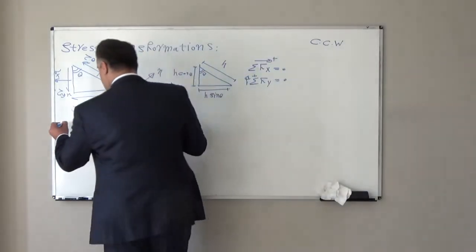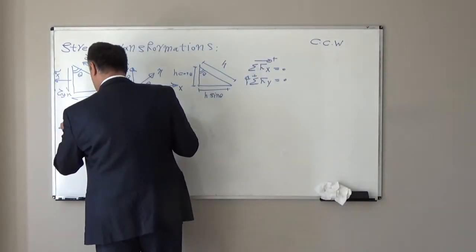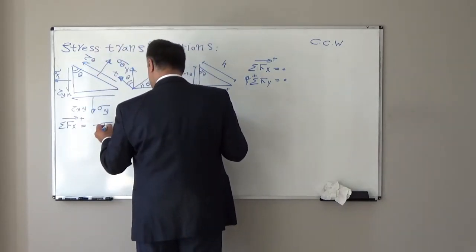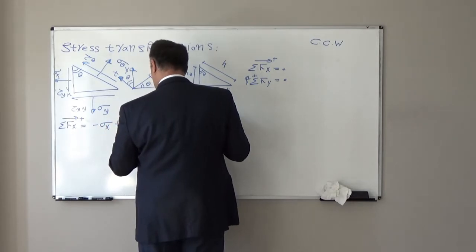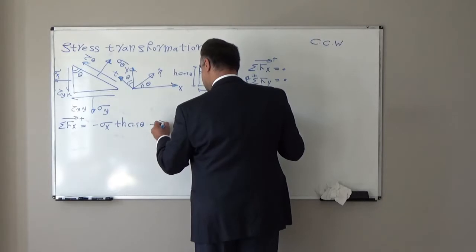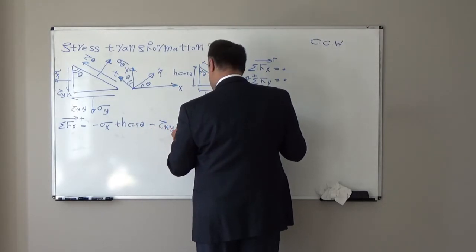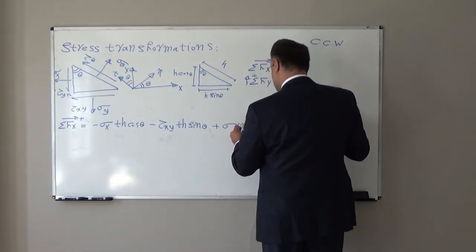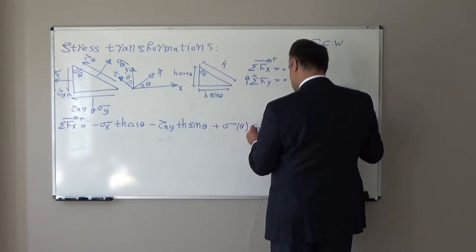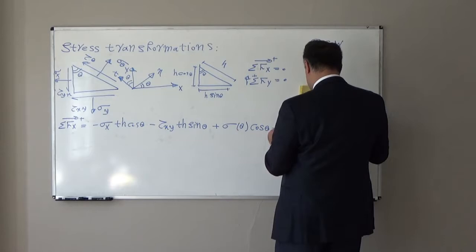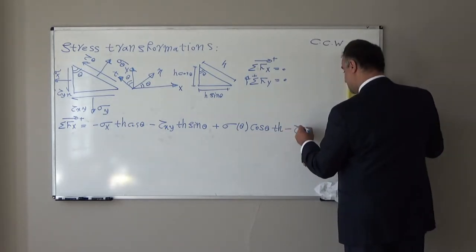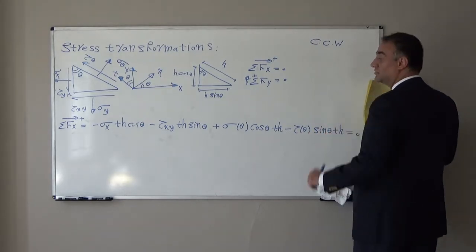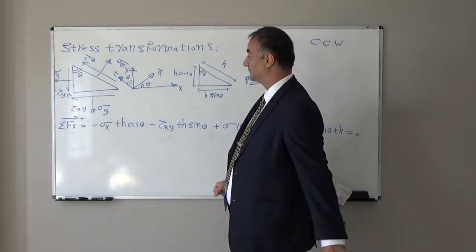So summation of forces in the x direction is equal to minus sigma x T h cosine theta, minus tau xy T h sine theta, plus sigma theta cosine theta T h, minus tau theta sine theta T h, is equal to 0 in the x direction.